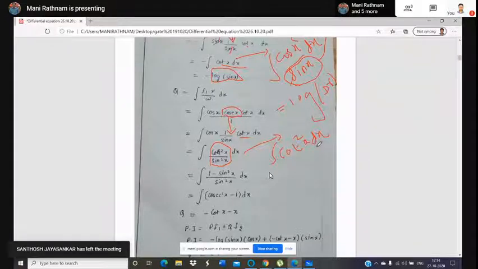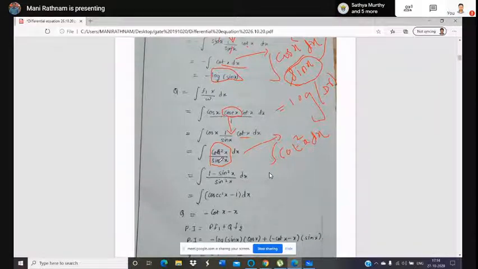After that, we have to integrate it. See that here, the denominator sin square x is kept as itself, and the numerator cos square x can be written as 1 minus sin square x. And after that, divide sin square x into each and every term in the numerator.